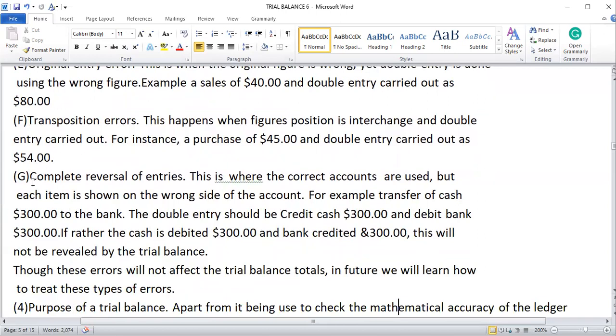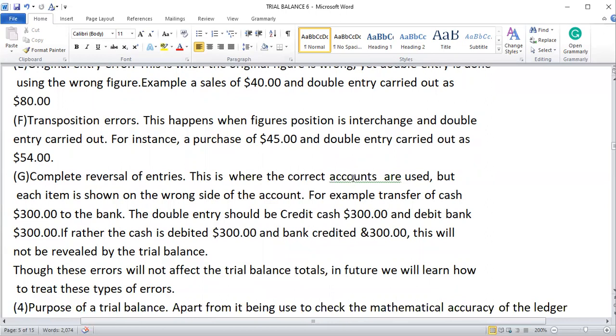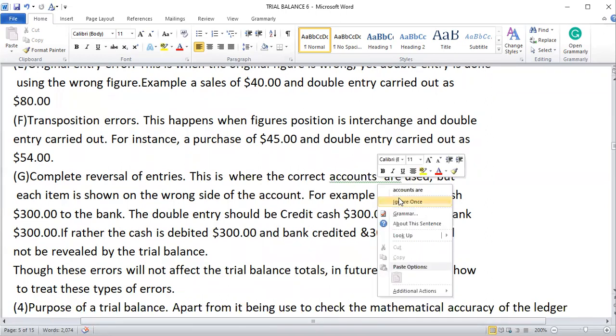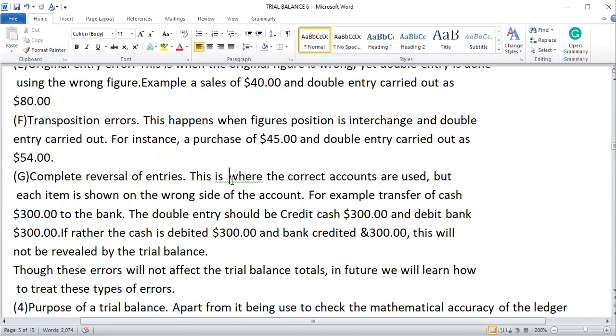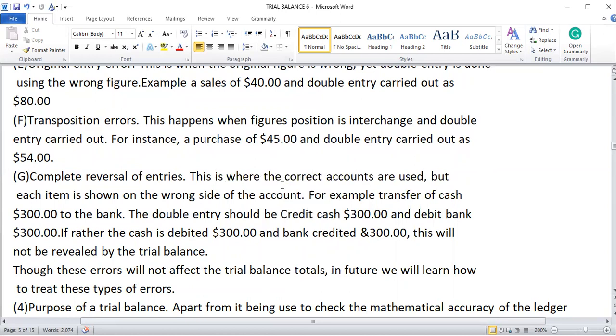Then the last error, complete reversal of entries. This is where the correct accounts are used, but each item is shown on the wrong side of the account.